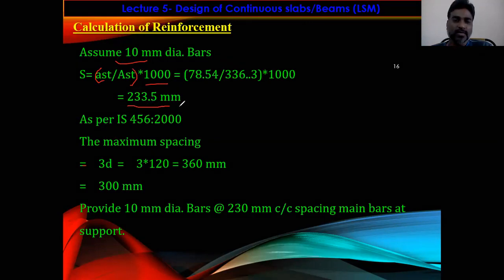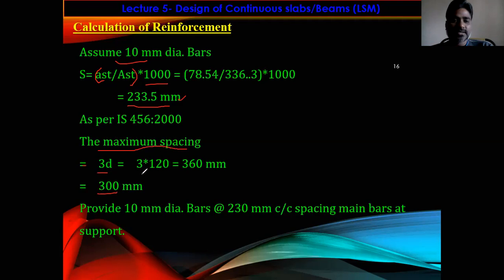But you cannot provide directly this spacing. There are some codal provisions for providing the spacing between the main bars. So that is the maximum spacing should not be greater than the 3D or 300 mm, whichever is less.